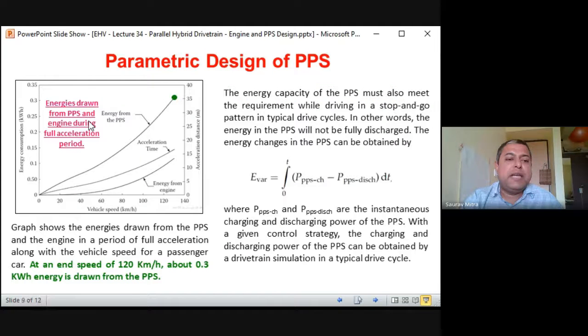So where are we getting this 0.3 kilowatt hour? 0.3 kilowatt hour is taken from the previous graph, where we are finding that during acceleration, again I am repeating, this vehicle can give maximum 0.3 kilowatt hour from the PPS. So PPS can supply a maximum of 0.3 kilowatt hour.